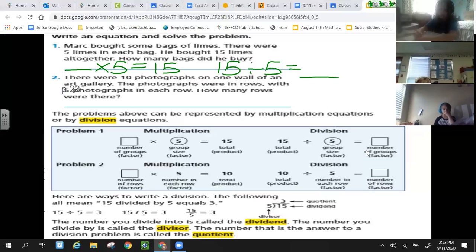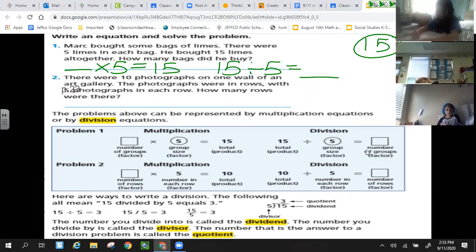Any ideas? What do you think, Lyric? We could, you mean count by 5s? Okay, let's see how many 5s are in 15. So let's do an equal shares drawing and do her strategy also. So we have 15. Put 15 at the top.